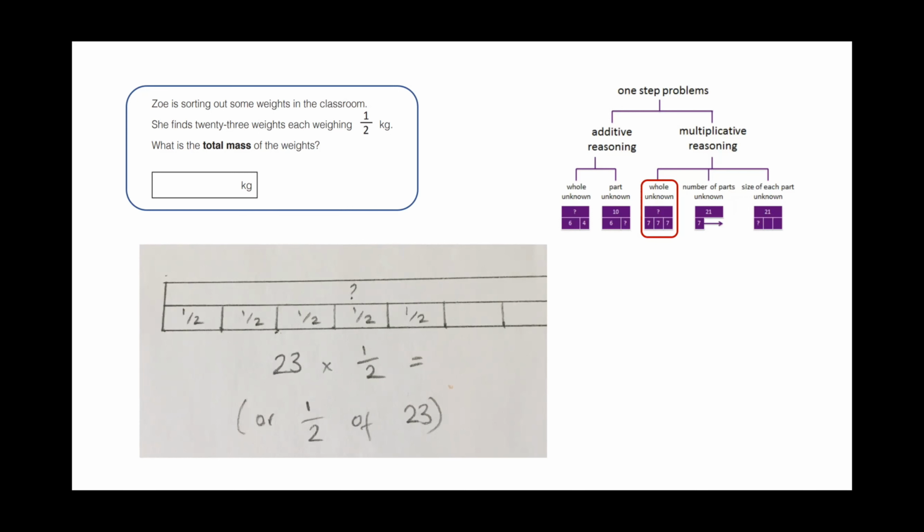I can see here that the whole is unknown. I know what each part is and how many of them there are, I just don't know what that totals. So I know there are 23 parts and each is half a kilogram. So I know that 23 lots of a half means I'm going to do 23 multiplied by 1/2. Or perhaps I might like to think of it as 1/2 of 23.